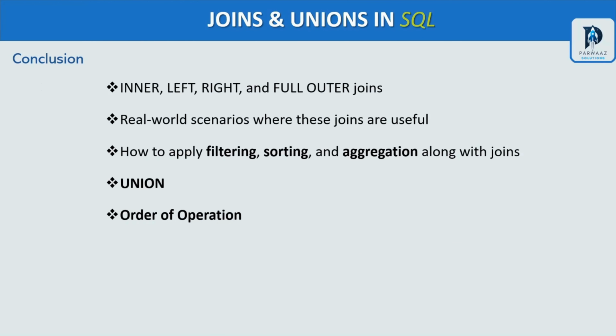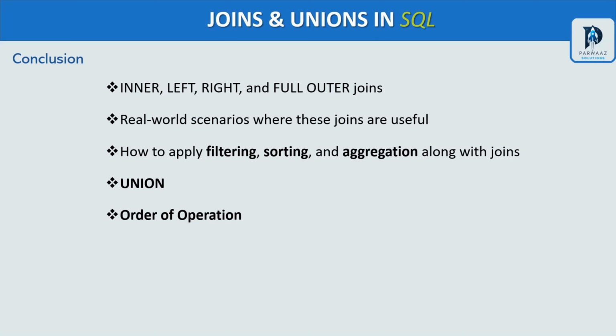So this is all we have for this section. In this section, we have explored how to combine data from multiple tables using different types of joins, including inner join, left join, right join, or full outer join. We saw real world scenarios where these joins are useful, and how to apply filters, sorting, aggregation along with these joins.